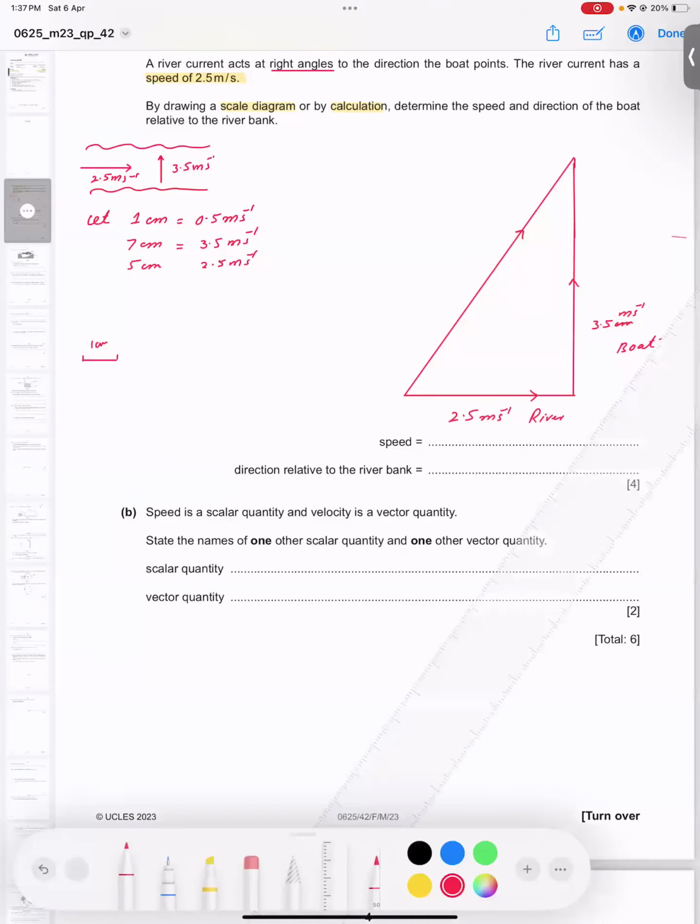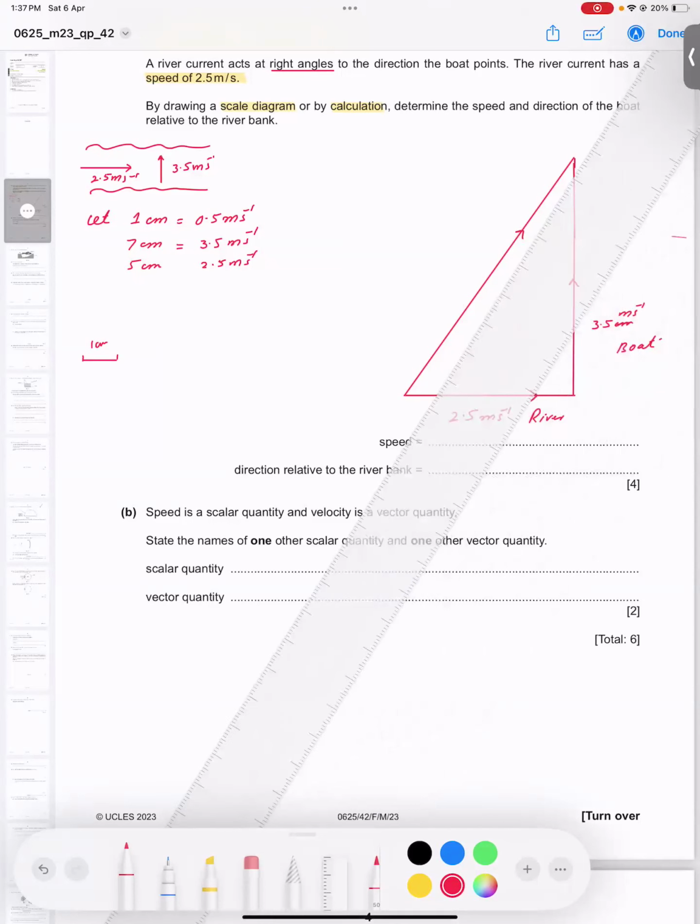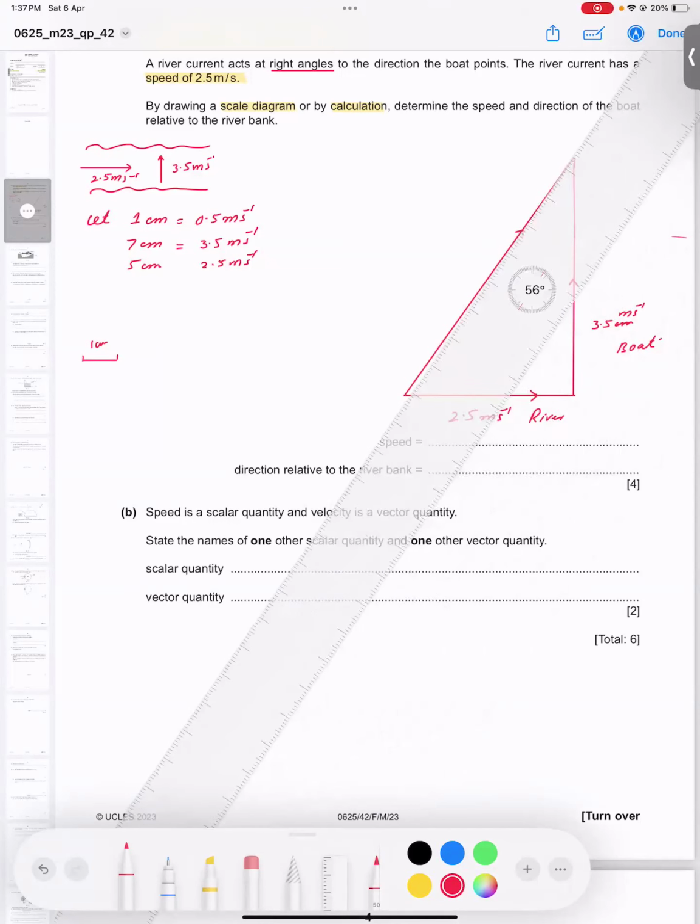Now I need the resultant value. For the resultant, I will use my same scale and measure the length of this resultant.